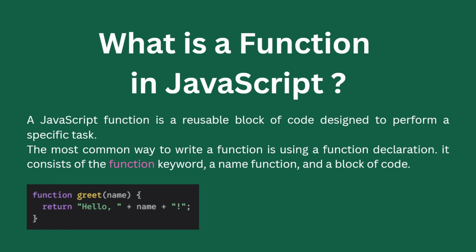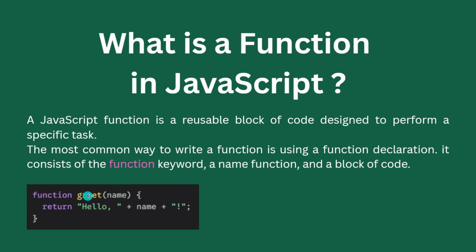Now let's talk about what is a function in JavaScript. A JavaScript function is a reusable block of code designed to perform a specific task. The most common way to write a function is using a function declaration. It consists of the function keyword followed by a function name, then a block of code covered by curly brackets.